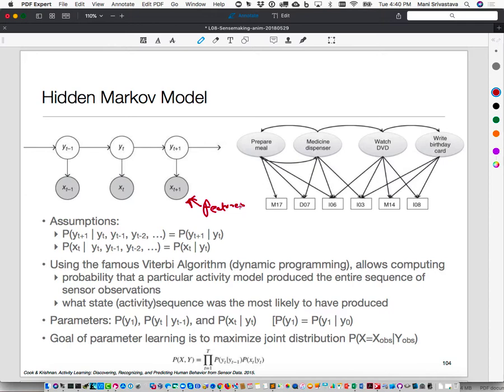M17 is a motion sensor, D07 is a door sensor, and I06, I03, I08 are inertial sensors. So what you see here are a bunch of sensors, and we are getting events from those. X are the features pertaining to the activity y. When the system is in this activity, the sensors make some reading, and I compute features over it, and that's what I'm calling X.